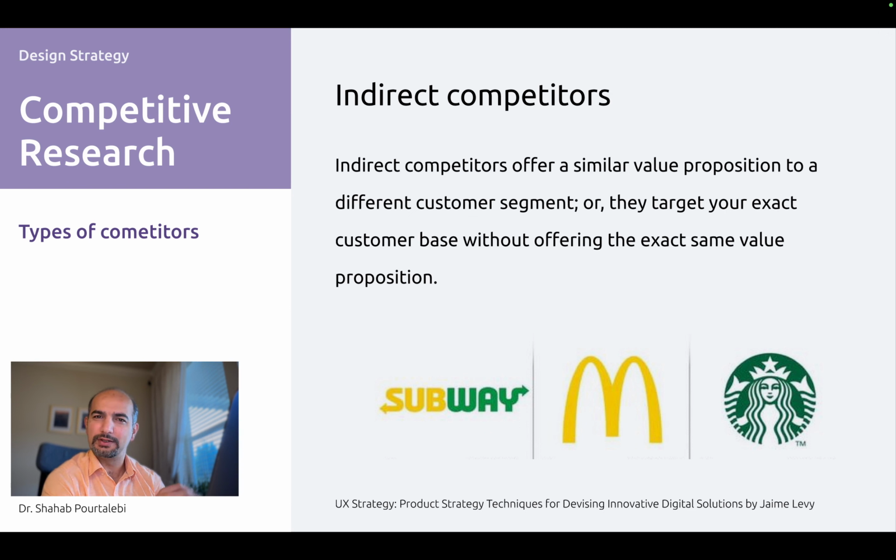Whatever comes first would be your choice, basically. Or you see two of them and you choose one of them based on your concerns. You wouldn't say, I go there and then I go there. Then you choose between them. So that makes them indirect competitors.